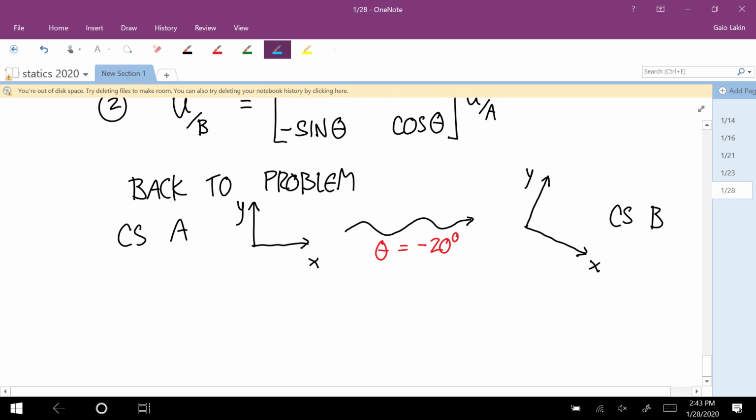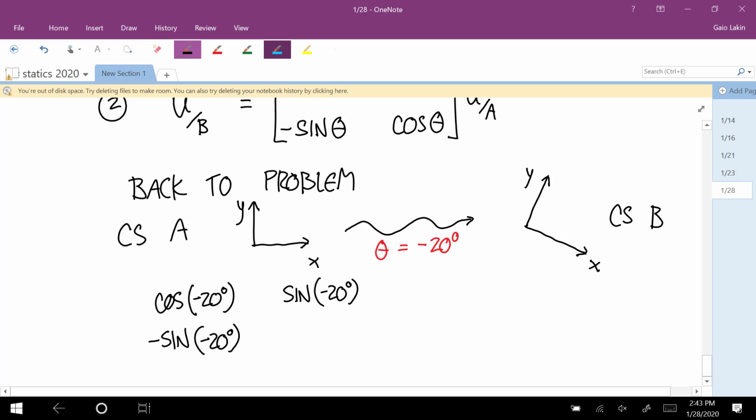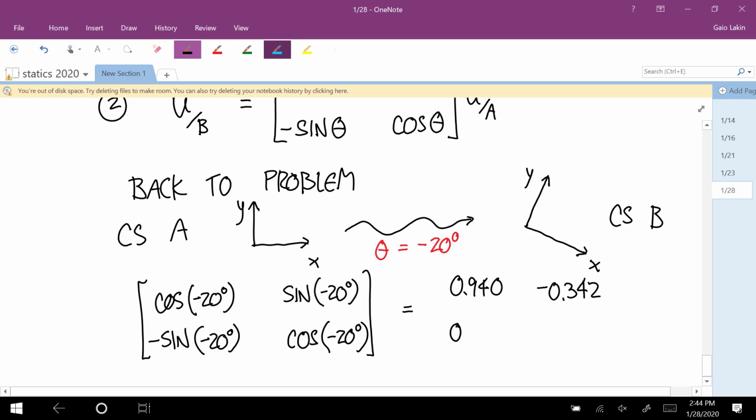And so this matrix is cosine of minus 20, sine of minus 20, negative sine of minus 20, cosine of minus 20. And that's 0.940, negative 0.342, positive 0.342, 0.940.